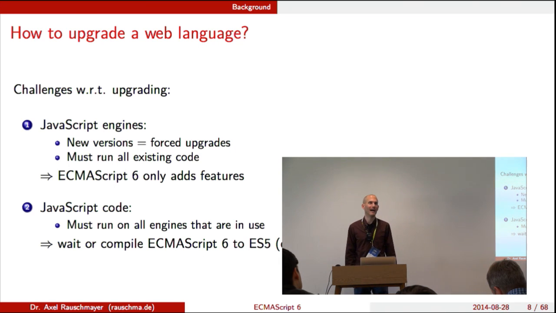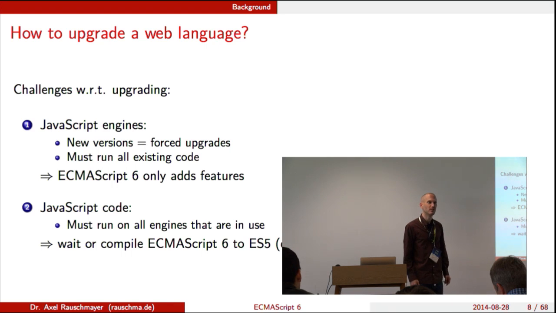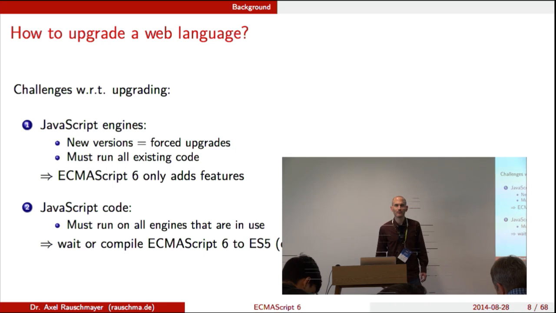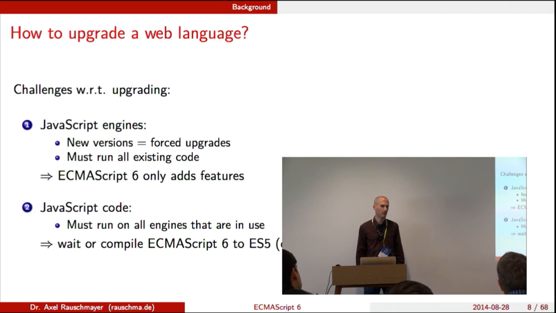And you, as an app author, can't control what version you run on. And the same thing, if you figure out what the new engine looks like, you still have to be able to run all the old code on the web, which is a problem.